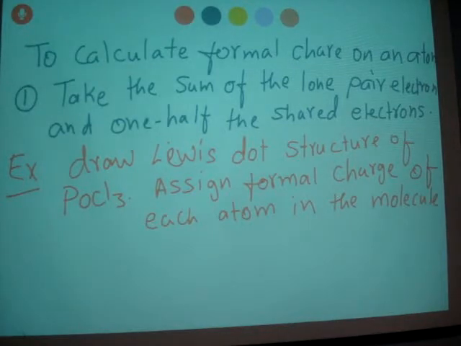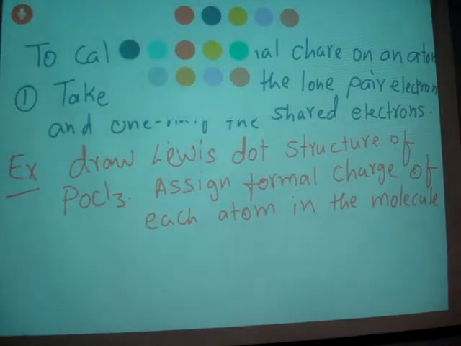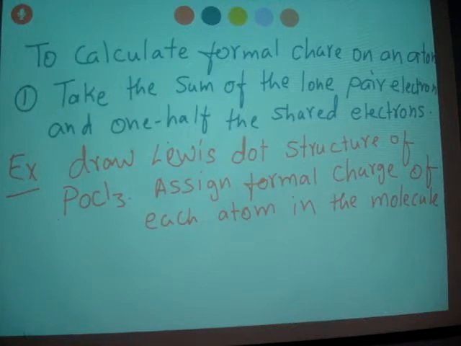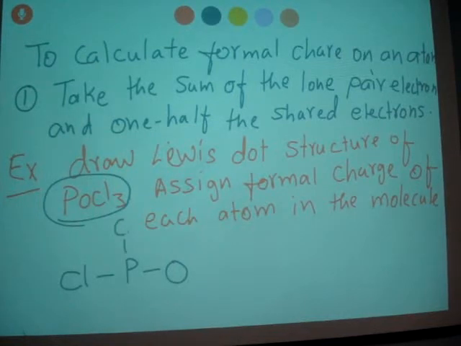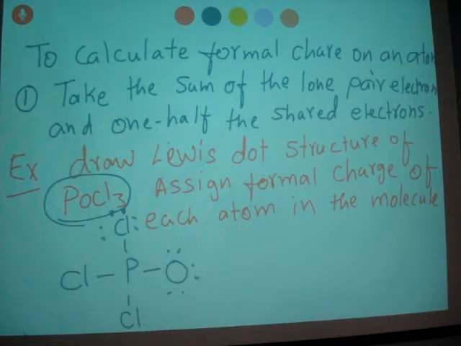So the first step in this case is to draw the Lewis dot structure of POCl3. When you draw POCl3, you place oxygen, chlorine, chlorine and chlorine, and we place dots. Now we know how to draw Lewis dot structures of molecules.